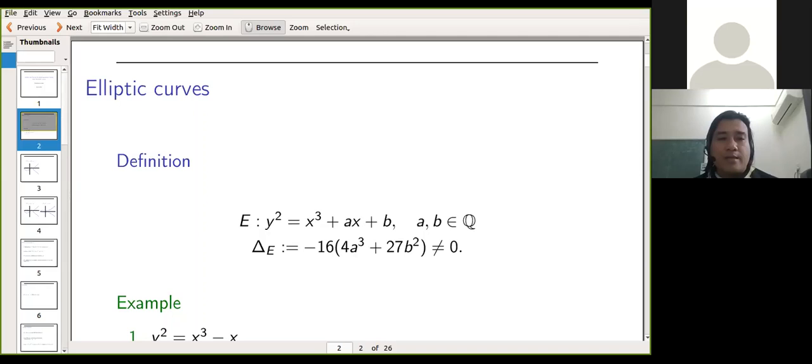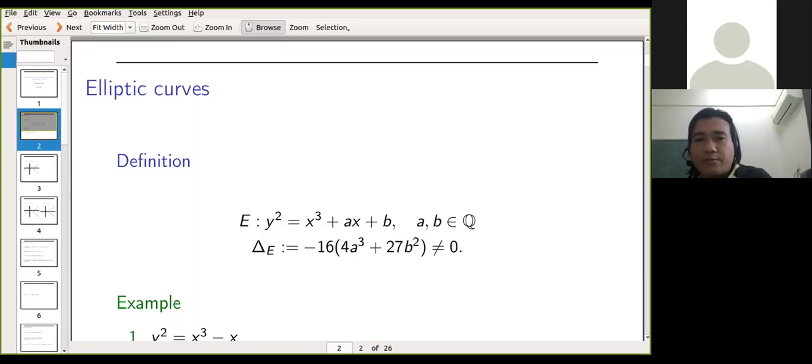The last one, y squared equals x cubed, is not going to be an elliptic curve, because here a is 0 and b is 0. We can also have a more general form of elliptic curves, but this is one of the ways to define them.